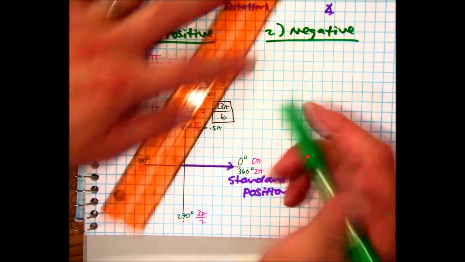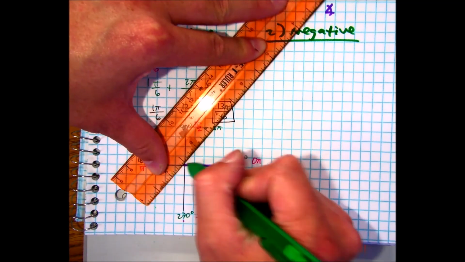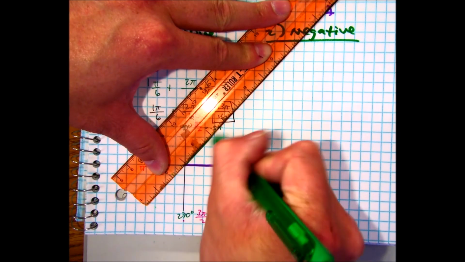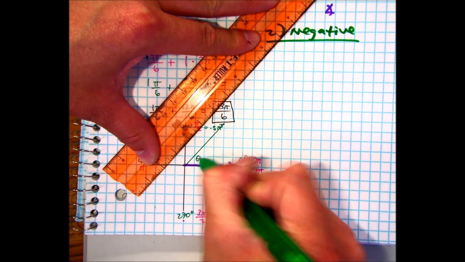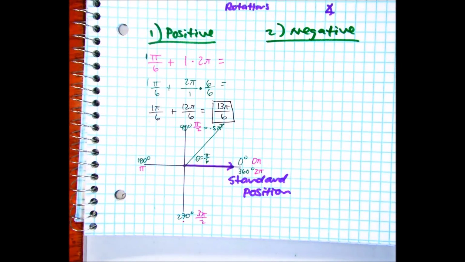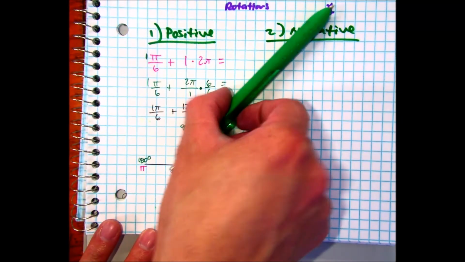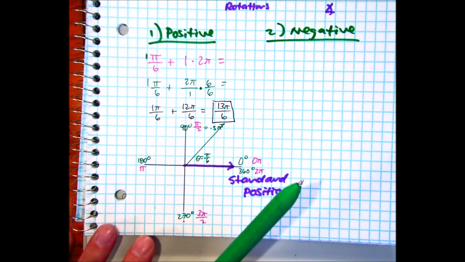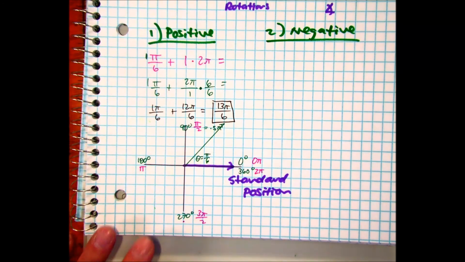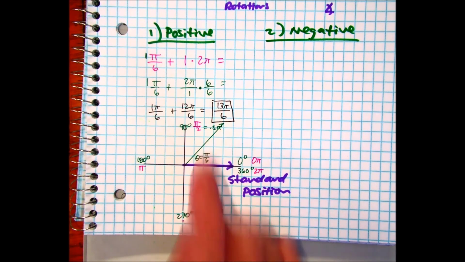So here is my terminal side, pi over 6. My angle, pi over 6, theta. From standard position we learned yesterday, positive degrees go counterclockwise. Class, if I'm adding 2 pi, which direction should I go from here?